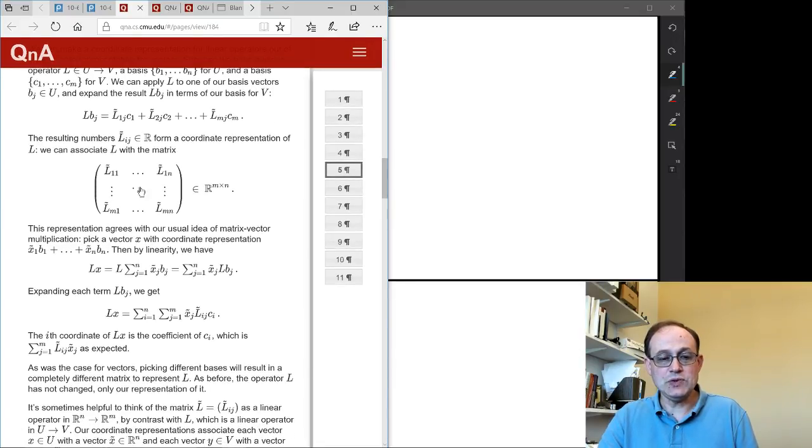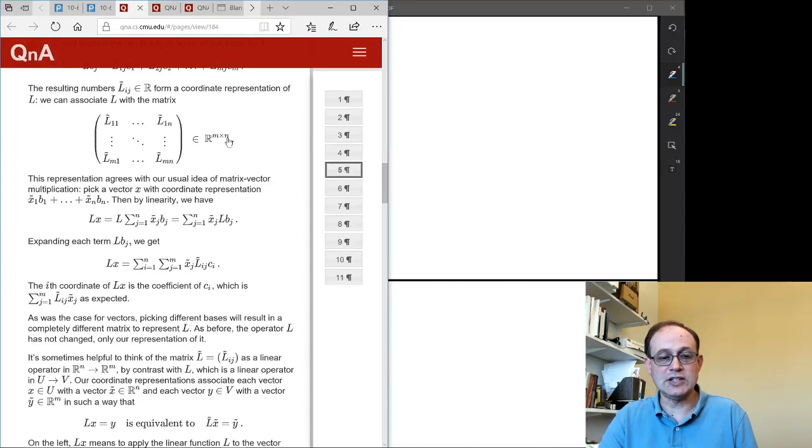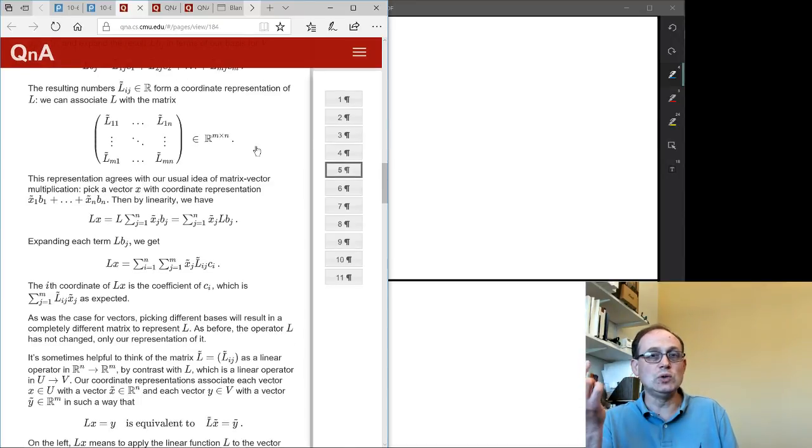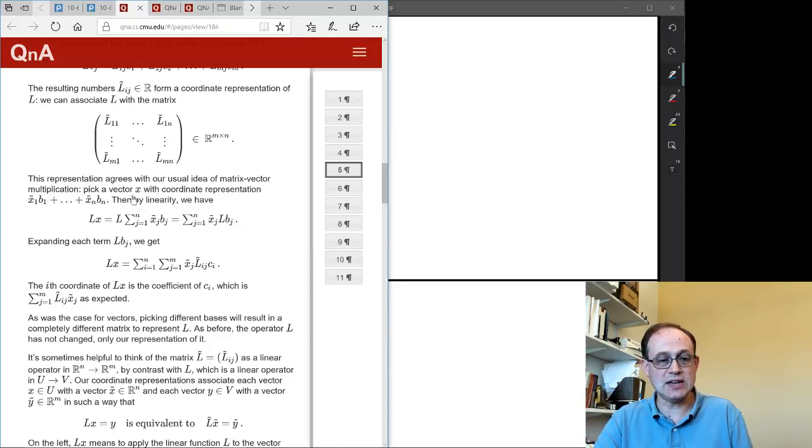The reason we choose this particular coordinate representation is that it agrees with our usual idea of multiplication of a matrix by a vector. In particular, if we take a vector x that has some coordinate representation, we'll call the coordinates x tilde, and we apply the operator L to x, we're just expanding.